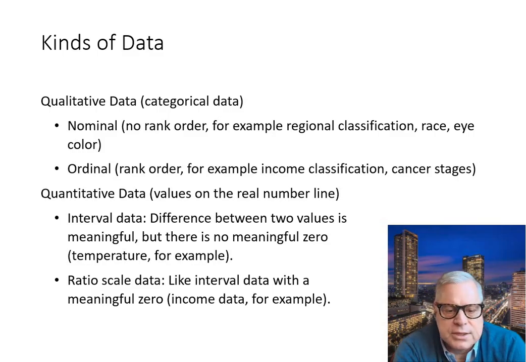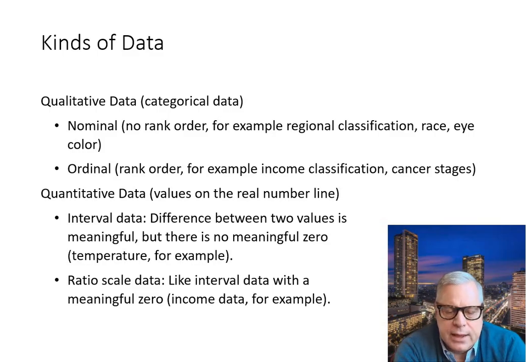The second major type of data that we deal with is quantitative data, and quantitative data is something that we somehow can measure. Those are values on the real number line. And again, we distinguish two subtypes. The first one is interval data, and interval data is data where a difference between two values is meaningful, but there is no meaningful zero.